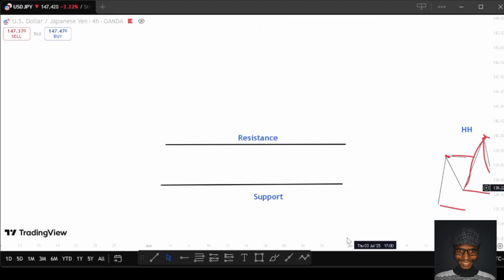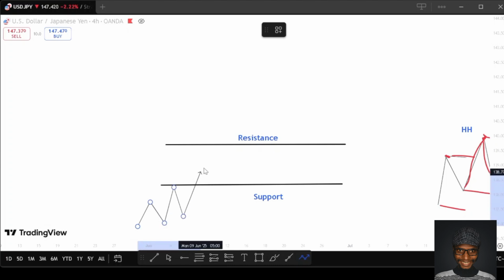So price is stuck. Let me say maybe price was coming from a bullish trend. It was making higher highs and higher lows, higher highs and higher lows. Then it stopped. It started respecting this resistance multiple times after making a higher low without breaking this previous high.